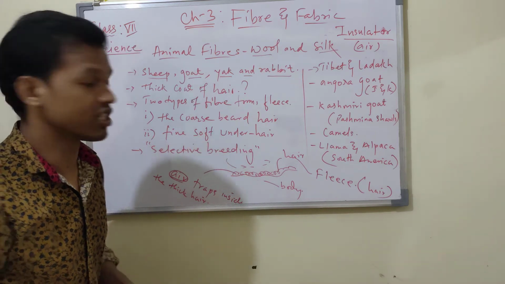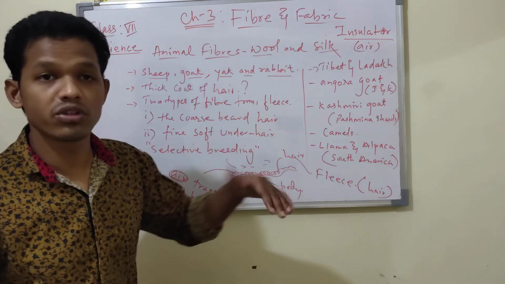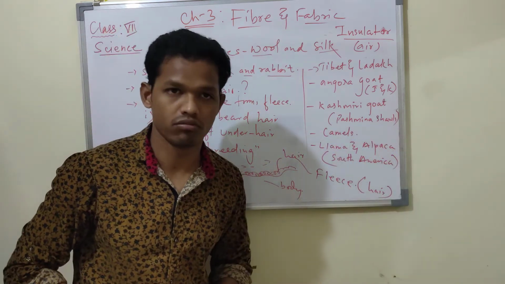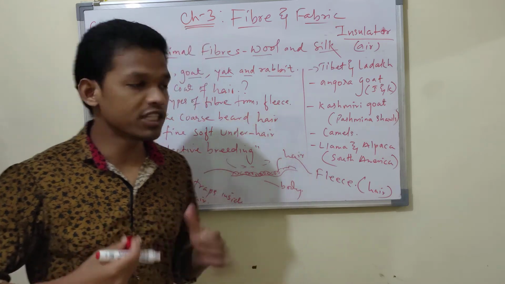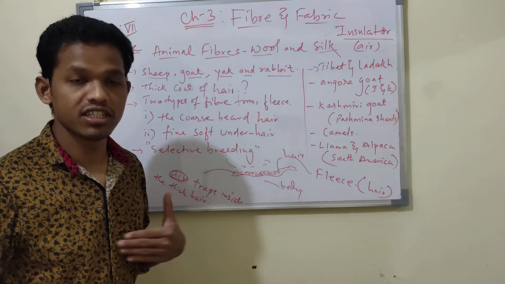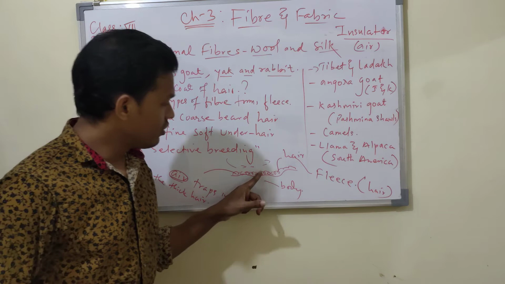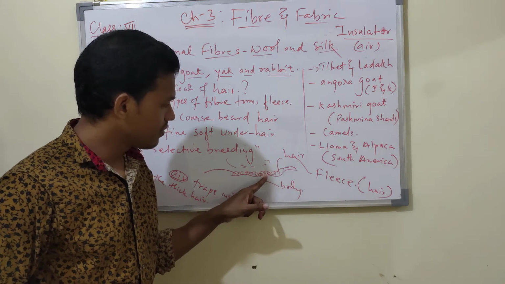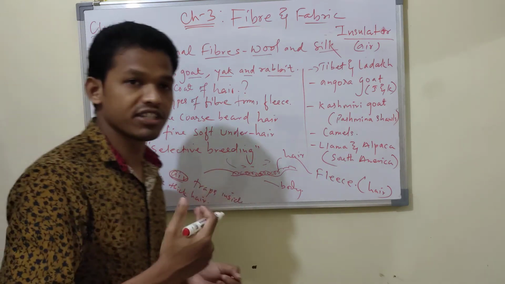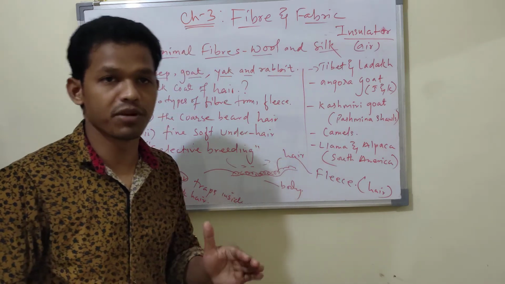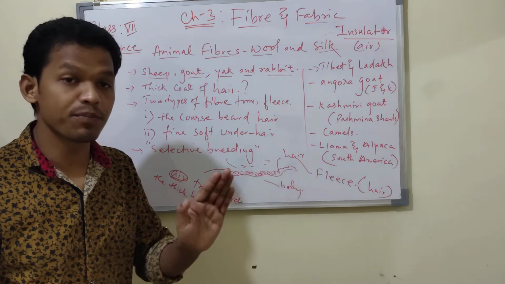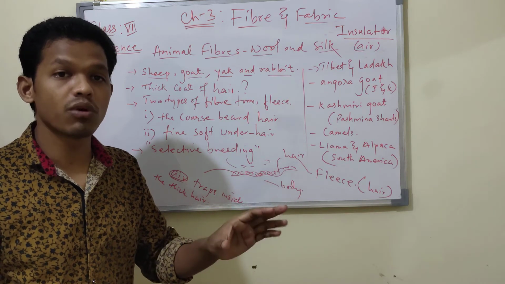In the winter season especially, the outside temperature is very low and the body temperature is very high. What happens during that time? If there is a difference in temperature, we will study it in chapter number 4, the next chapter, regarding temperature and how the transfer of heat takes place.